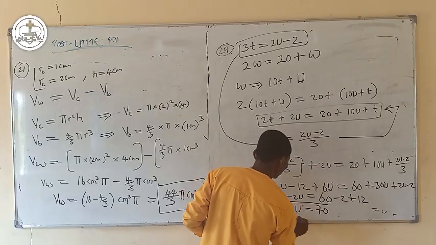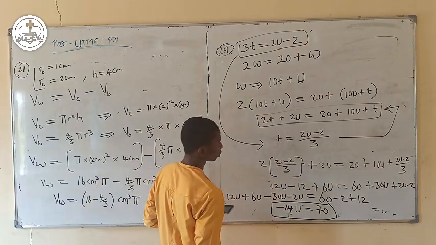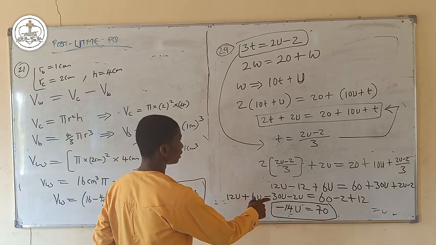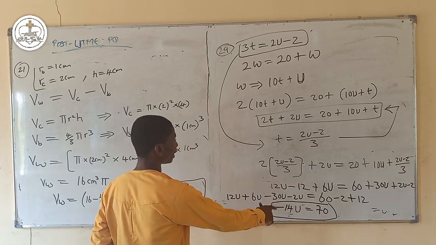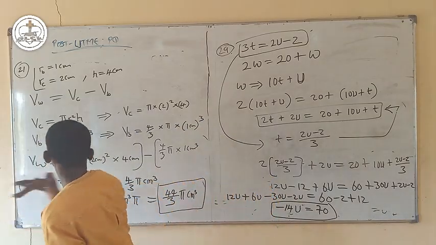So from here, if we divide both sides by minus 14, our u will be 70 divided by minus 14. Let's come to this upper part of the book.